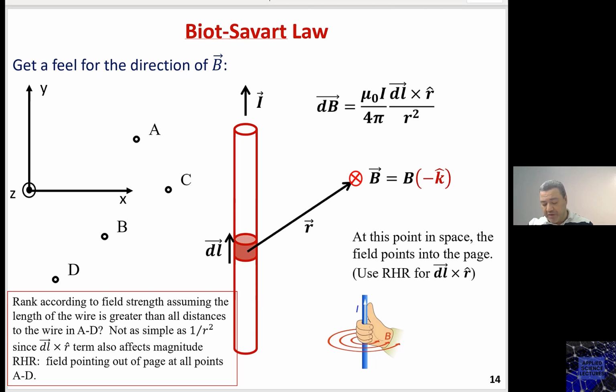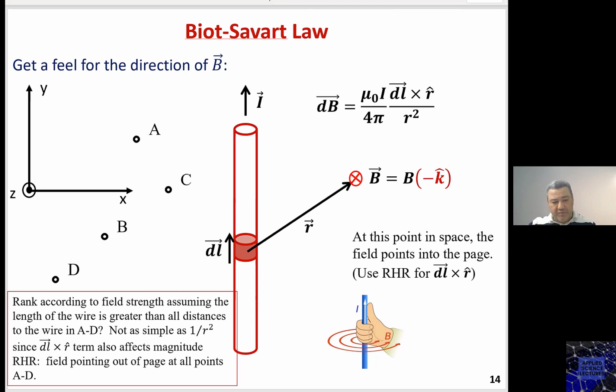At this point, thumb pointing up, the fingers are curling such that the magnetic field on this side of the wire is pointing into the page.